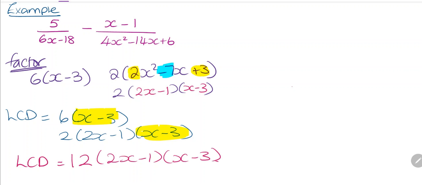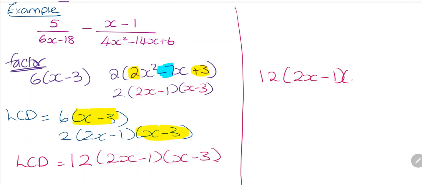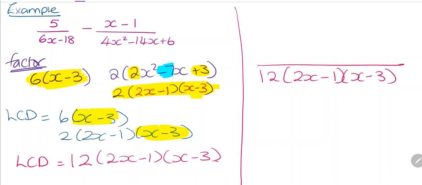So I need to write my fractions over this denominator. So let's write them: we want 12, 2x minus 1, and x minus 3. So I'm just going to rewrite these.